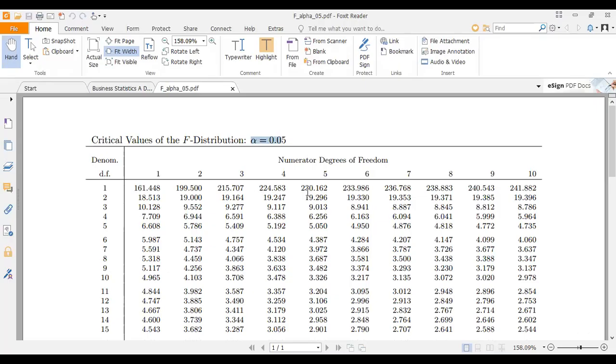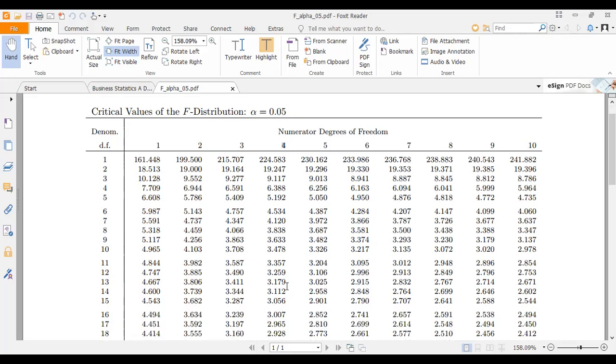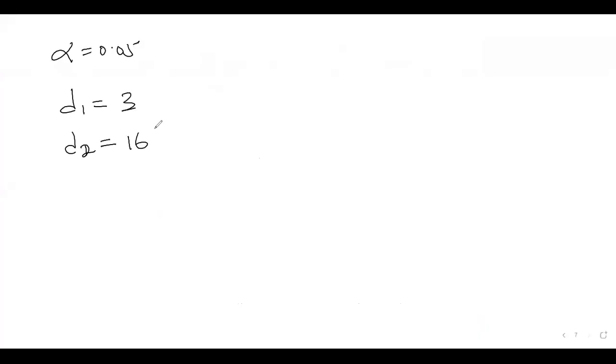The degree of freedom of the numerator is 3, sorry, and the degree of freedom of the denominator is 16.